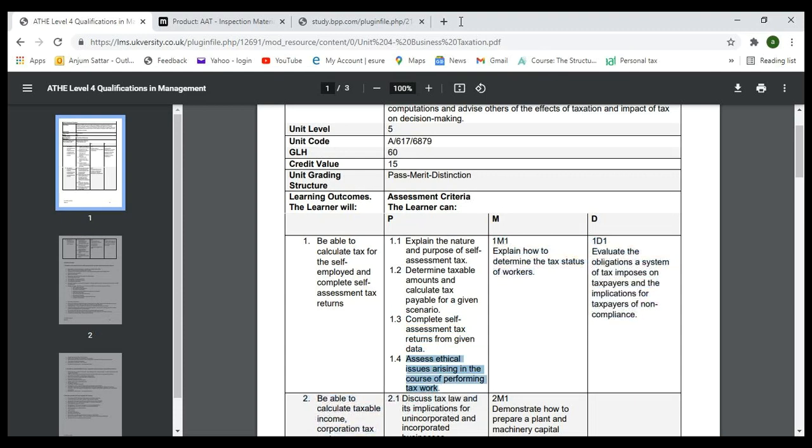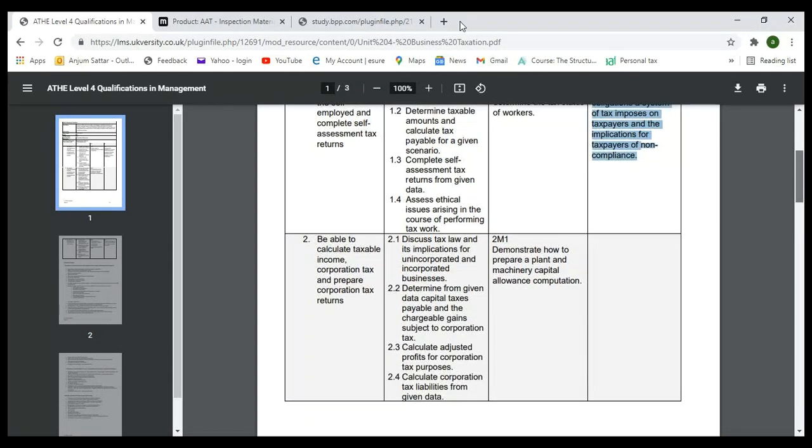We know ethics, an accountant always deals with ethics, yes? So we need to look at the ethical side, and explain how they determine the tax status of workers, and evaluate the obligations the tax system imposes on taxpayers, and the implications of taxpayer non-compliance. So that's all we're supposed to go through.